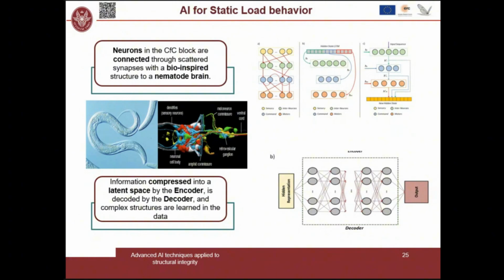So this is how the wiring has been performed. And honestly, the command neurons are also full of recurrent connections, so there is also some parallel information carried. And after this CFC block and the multi-head attention, the decoder is just a multi-layer perceptron.